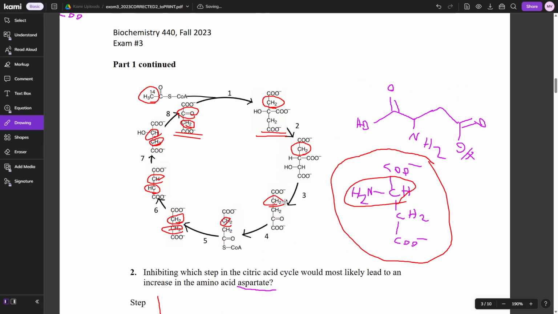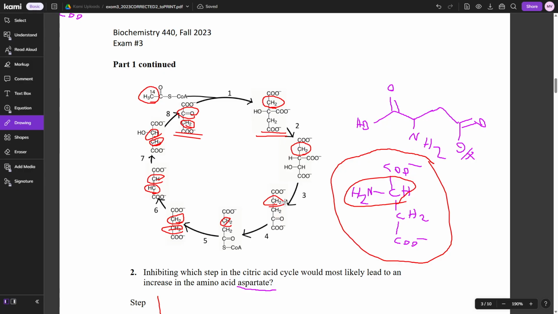What else do step 3 and step 4 use and make? NAD plus goes in and makes NADH. Right? What other step makes NADH? Yep. And then which one makes FADH2? Succinate dehydrogenase, right? Good.